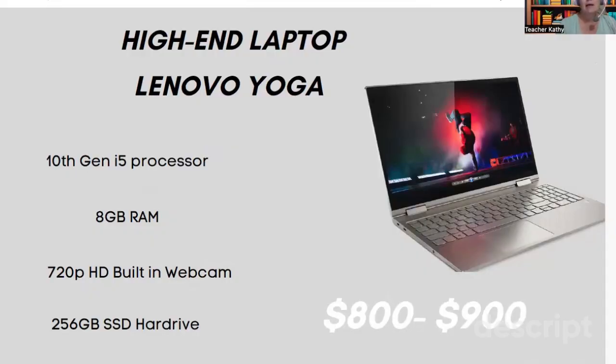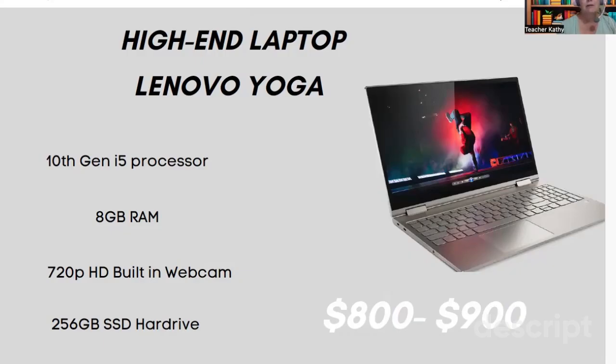Okay, and here is a high-end laptop. So this one that I've got as an example is a Lenovo Yoga, and this is a 10th Gen i5 processor. Okay, so it's got a good processor. It's got 8 gigabytes of RAM. It's got a 720p HD built-in webcam, which is really great.